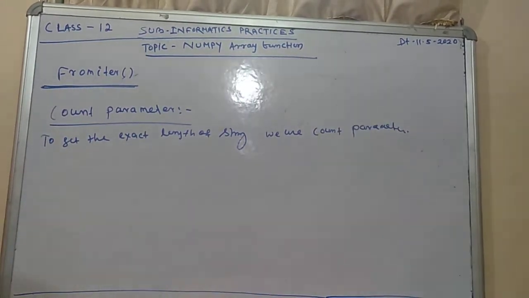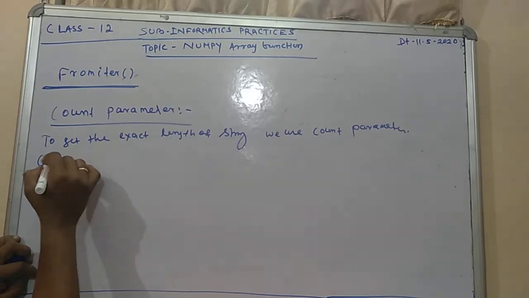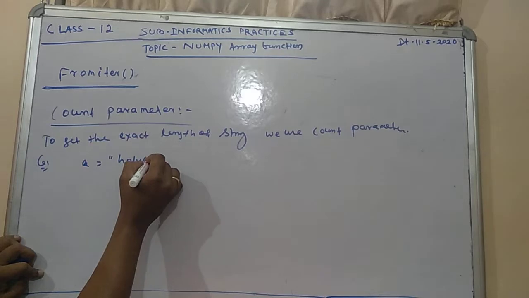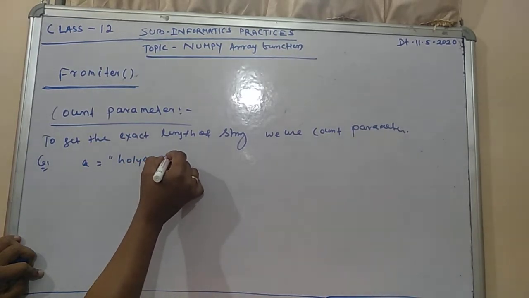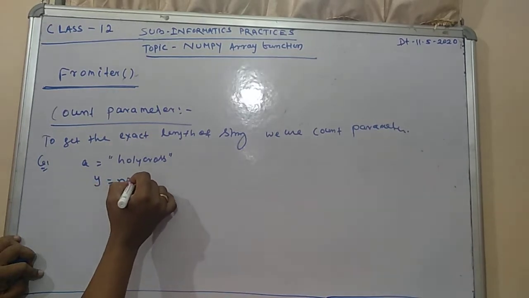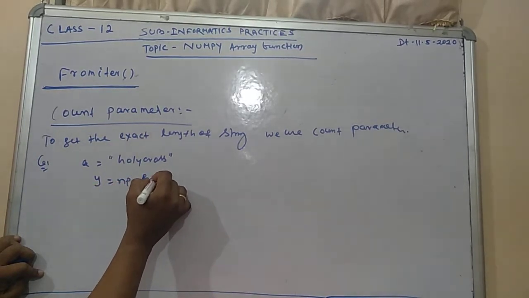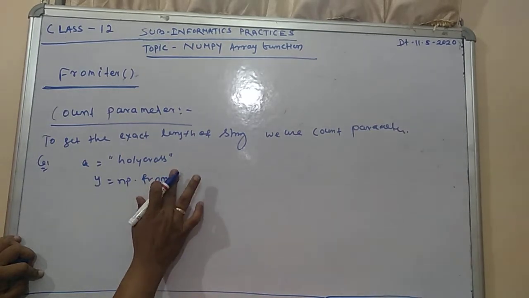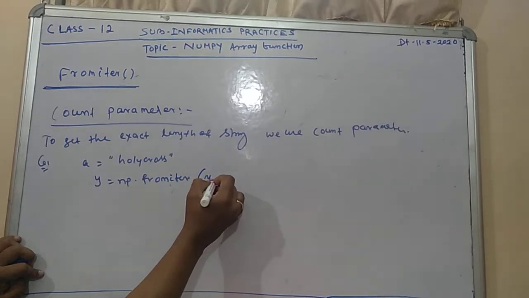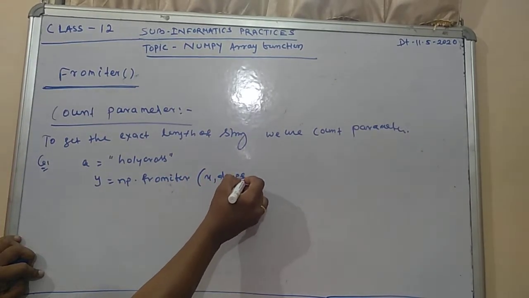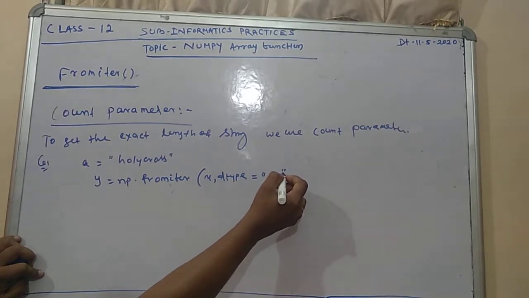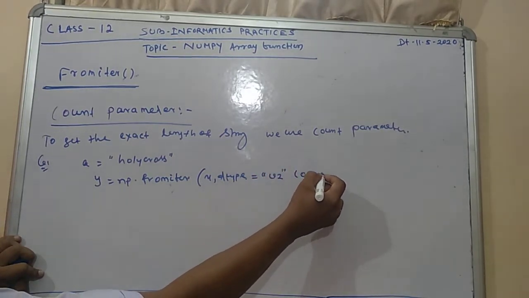Okay, so just an example, you see what the example is. Suppose a equal to holy cross and y equal to np dot parameter and x dtype equal to u2 and then count equal to 3.